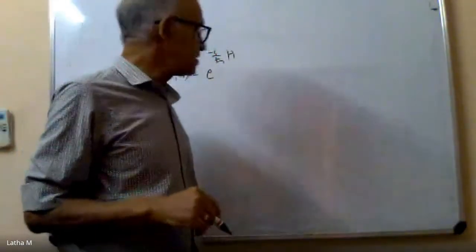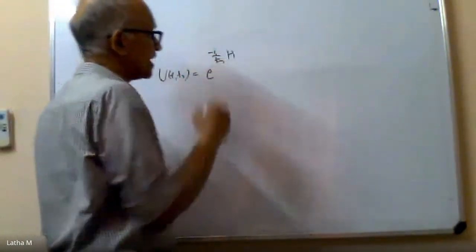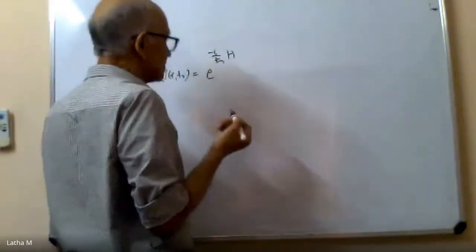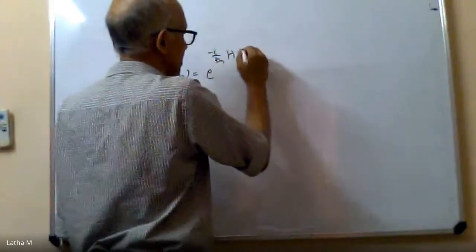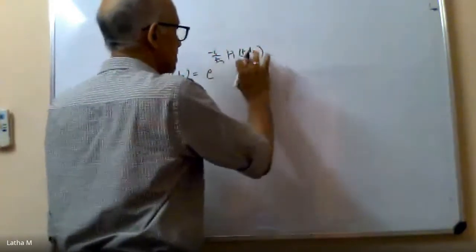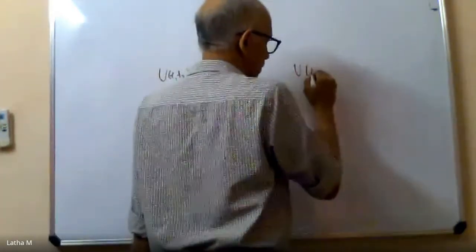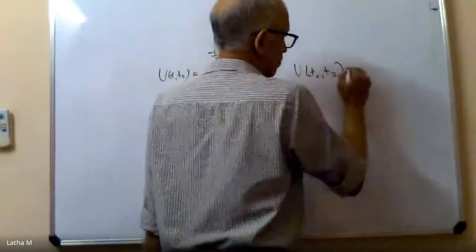Since h cut has the dimension of angular momentum, if I take H as the energy Hamiltonian, then there should be some time, and I put t minus t0 here, so that U(t0, t0) equals 1.